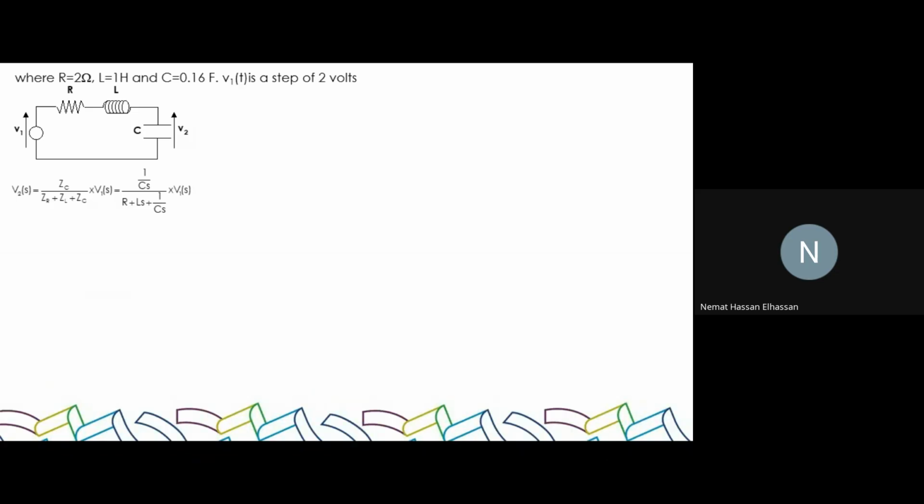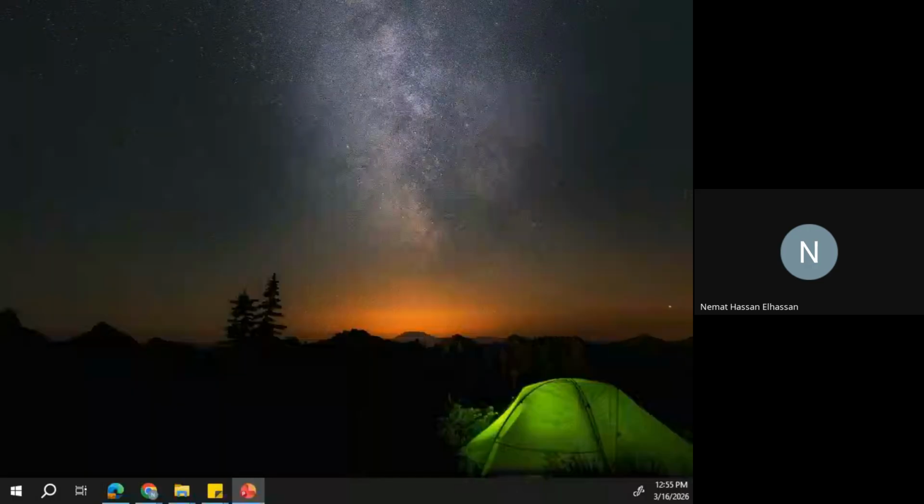These are the values of components we are given, and this is the transfer function, which we have already established. This is the transfer function that we've calculated earlier in the example, right?